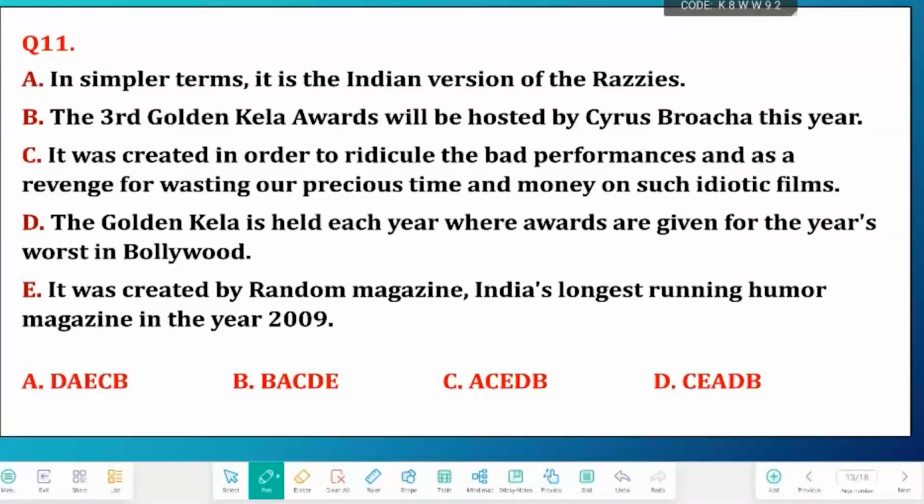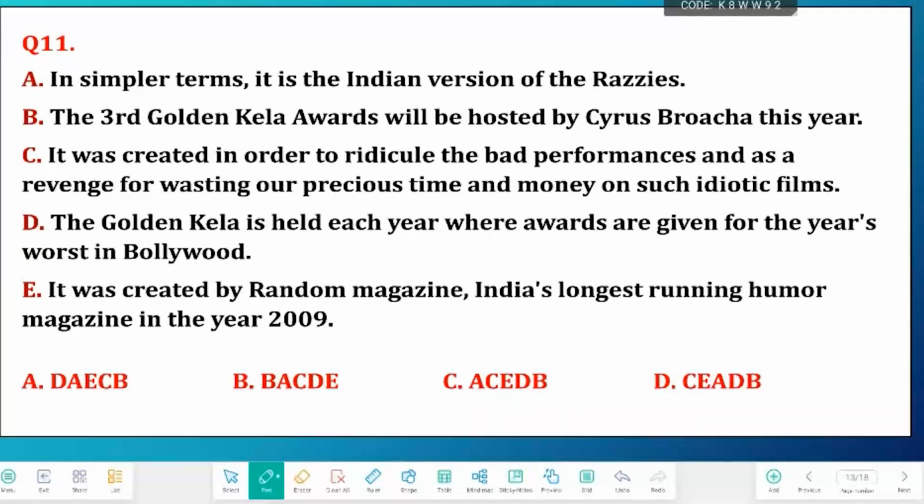This is 1, 2, 3, 4, 5. This is more like a conventional parajumble. So I'll read all the statements once for you. In simpler terms, it is the Indian version of the Razzies. The third Golden Kela Awards will be hosted by Cyrus Brocha this year.